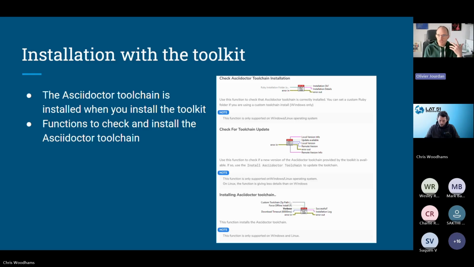But if you want to install the application you are creating on other computers that don't have the development environment, that don't have the toolkit, you have functions in the API that allow you to check if the toolchain is installed, to check if it needs an update, and finally to install the Asciidoc toolchain the same way the VIP is doing the install when you install it with VIPM.